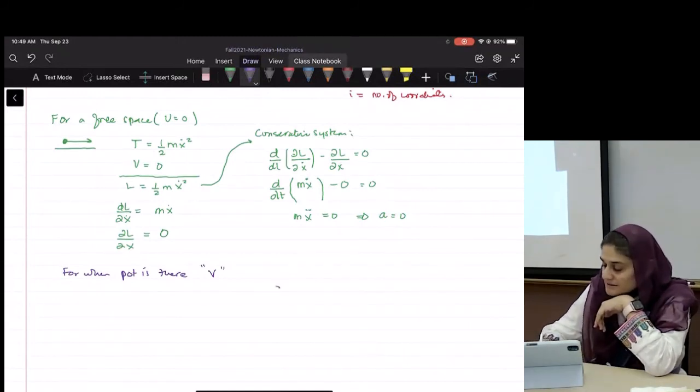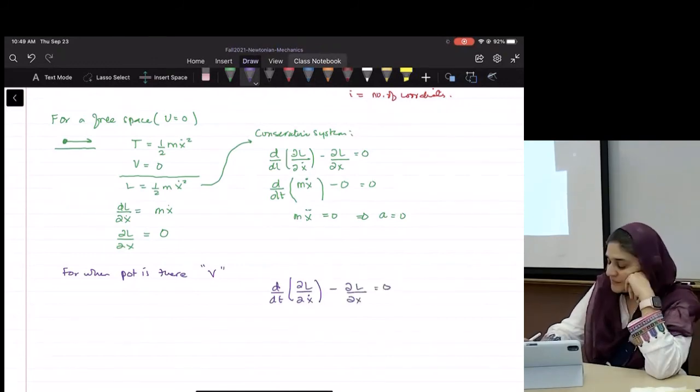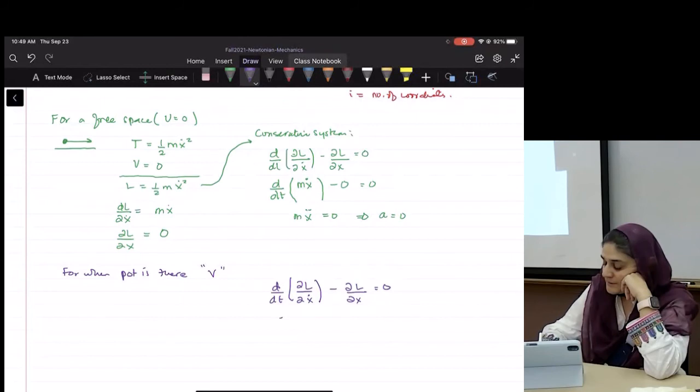I will get d over dt of partial L over partial x dot minus partial L over partial x equals 0. Same situation, I will get d over dt of m x dot minus partial V over partial x equals 0.